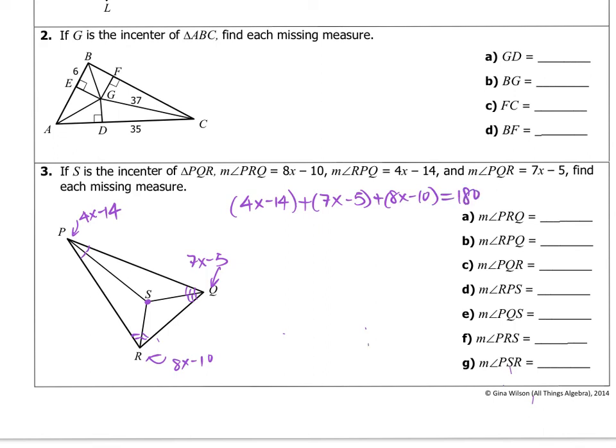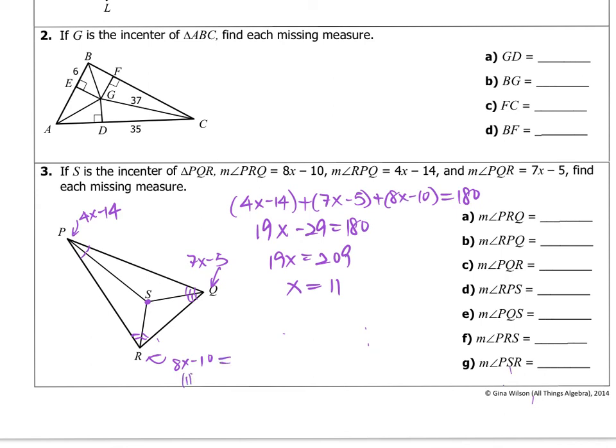So I should have 19x minus 29 equals 180, which is 209, and x comes out to be 11. Then the rest of it is just that I need to plug each of these in.